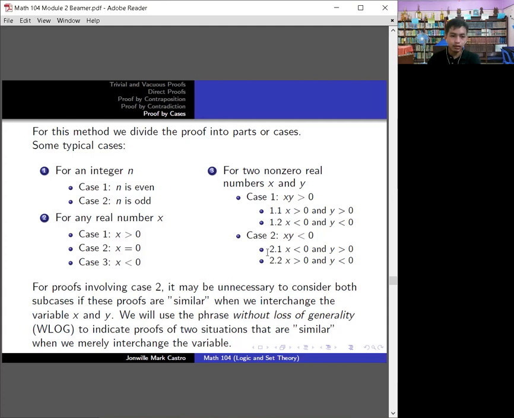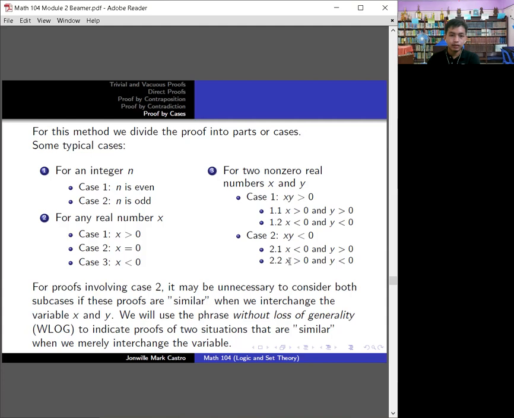So, note for our real numbers, in case 2, since our subcases are almost similar, the x and y are just swapped in some cases.